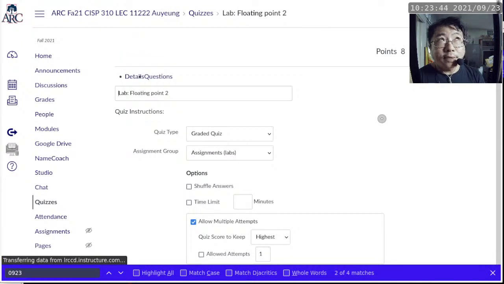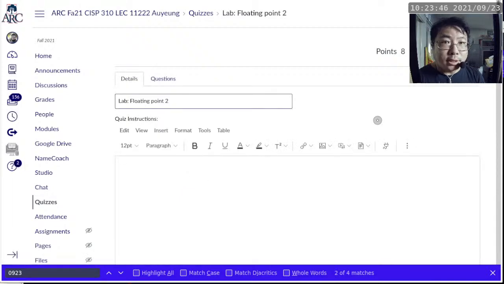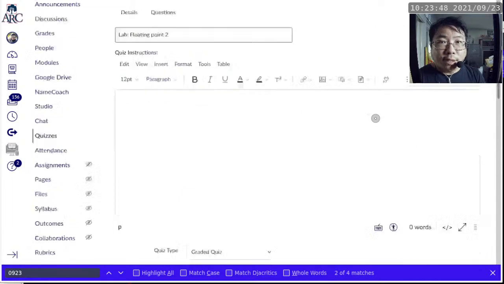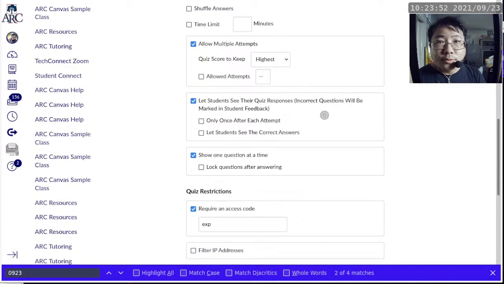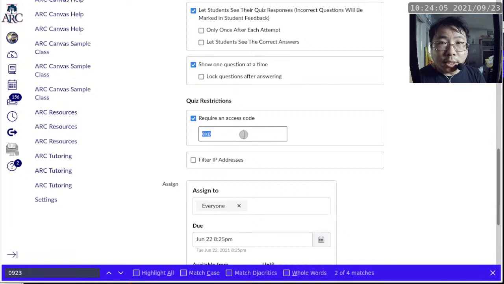We have until, as usual, 1:20 to turn everything in. And this one also just keeps the highest score, so that makes it a little bit easier. You can see your feedback. The key to get started with this particular quiz is EXP.